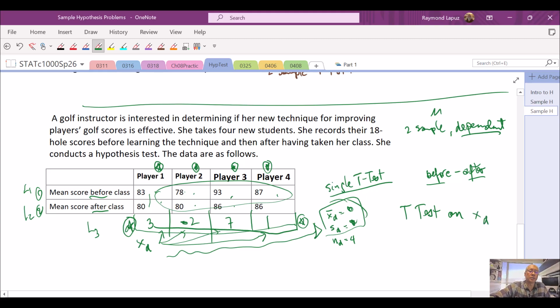So this is technically a 2-sample dependent set, but when it comes to the testing portion, you're really using a single t-test, because you subtract each pair of numbers and then run a t-test on the new result.